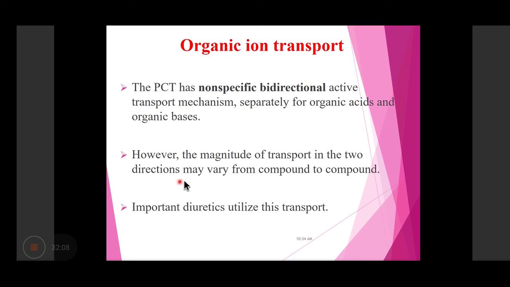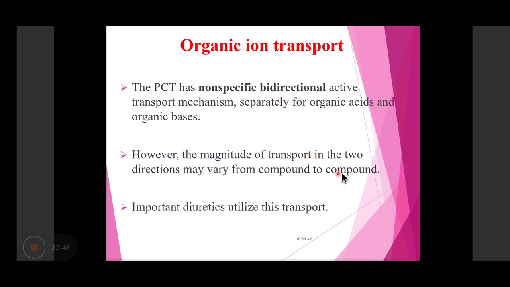However, the magnitude of the transport in the two directions may vary from compound to compound. So this means that there are certain substances like uric acid. Uric acid is more reabsorbed than it is secreted. Both the processes are occurring for uric acid, reabsorption and secretion, but reabsorption is occurring at a much, much higher pace than secretion.